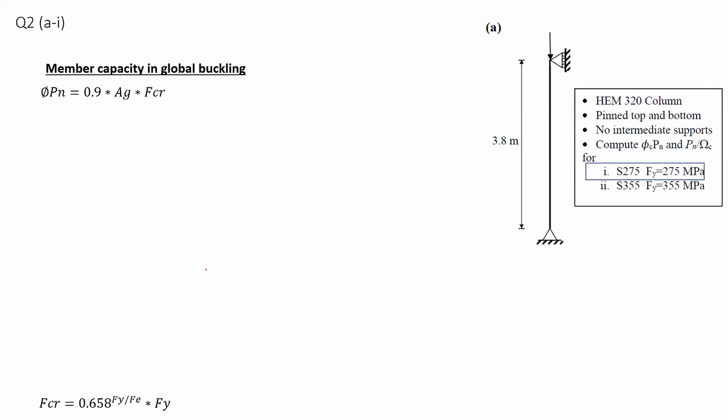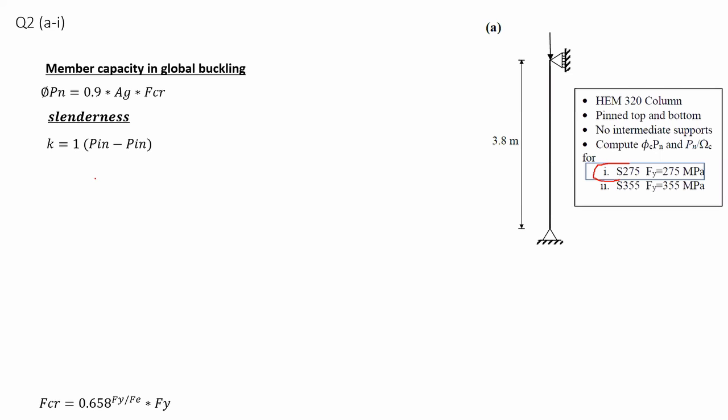Now to continue with this problem, as we can see, we have the column in pin-pin condition. First I will consider the material S275. Since the column is pin-pin, we are going to consider K equal to 1.